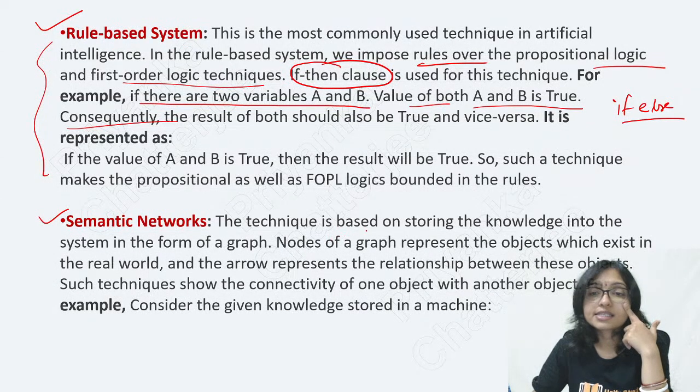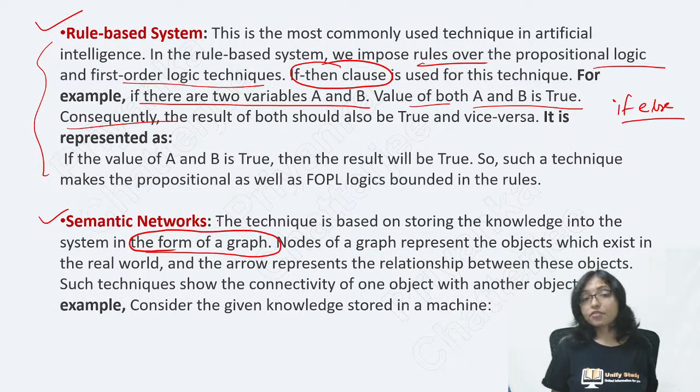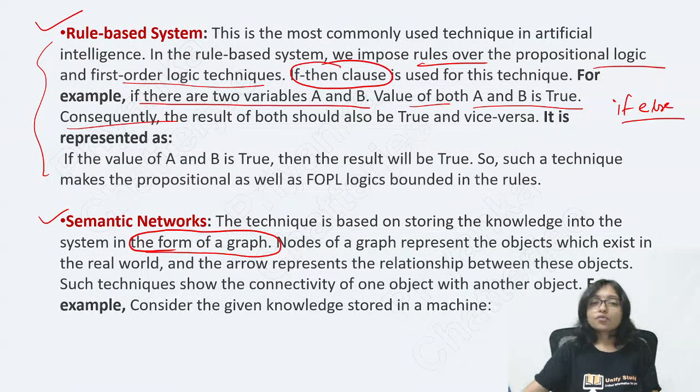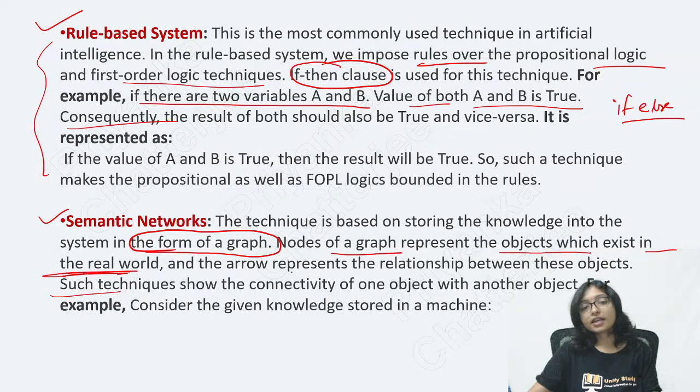Semantic network is a knowledge system in the form of a graph. You represent the knowledge system as a graphical representation, where nodes of the graph represent the objects which exist in the real world, and arrows represent the relationship between the objects.